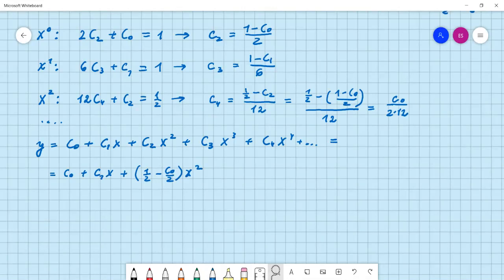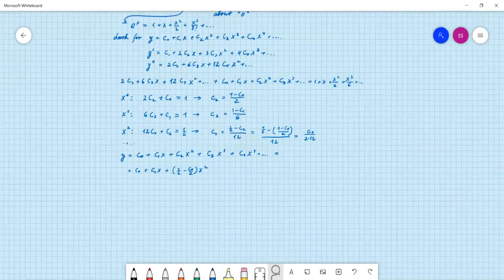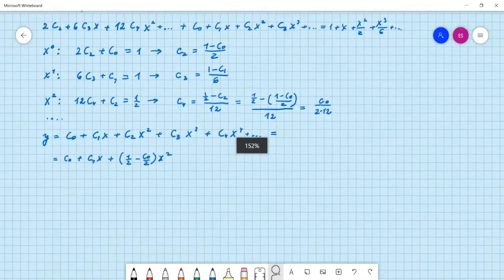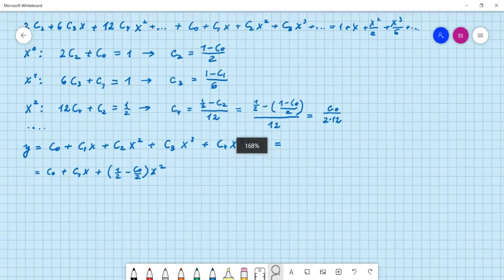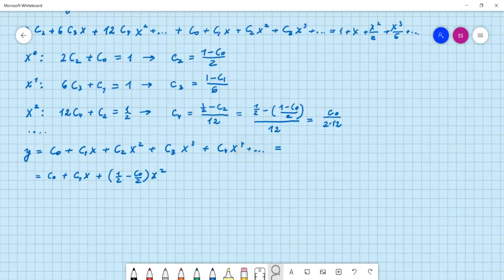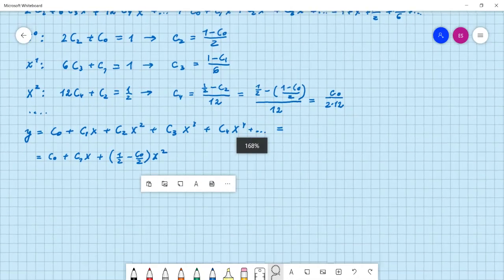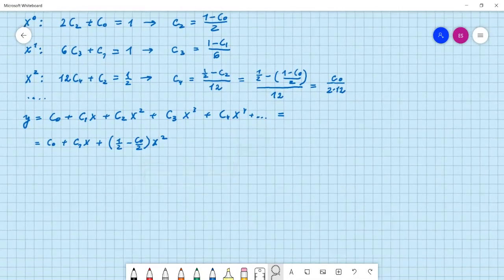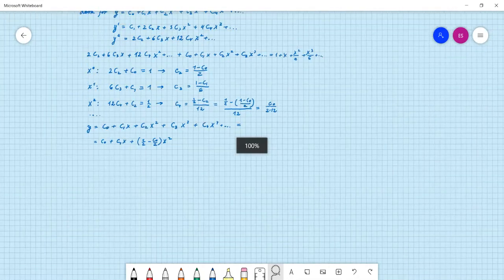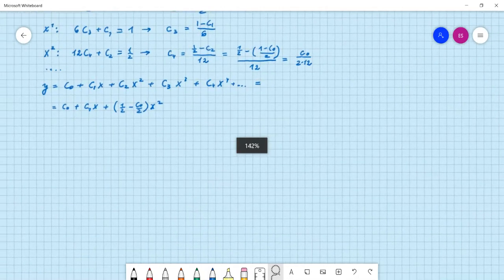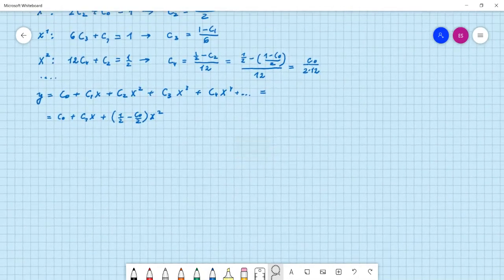For c3, we also have the formula. Plus 1 over 6 minus c1 over 6, and x cubed over here.